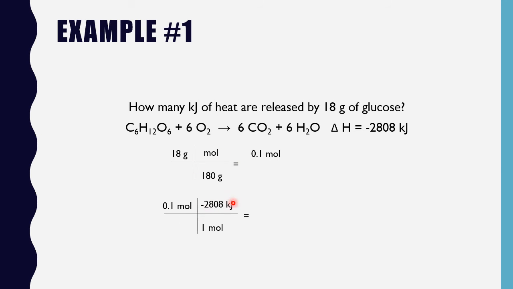The delta H, I write that here, and my 1 mole is the amount of moles for the substance in that chemical equation. I have 1 mole because there's only one in front of the chemical equation. When I do the math, it's going to be negative 280.80 kilojoules. That's my final answer.